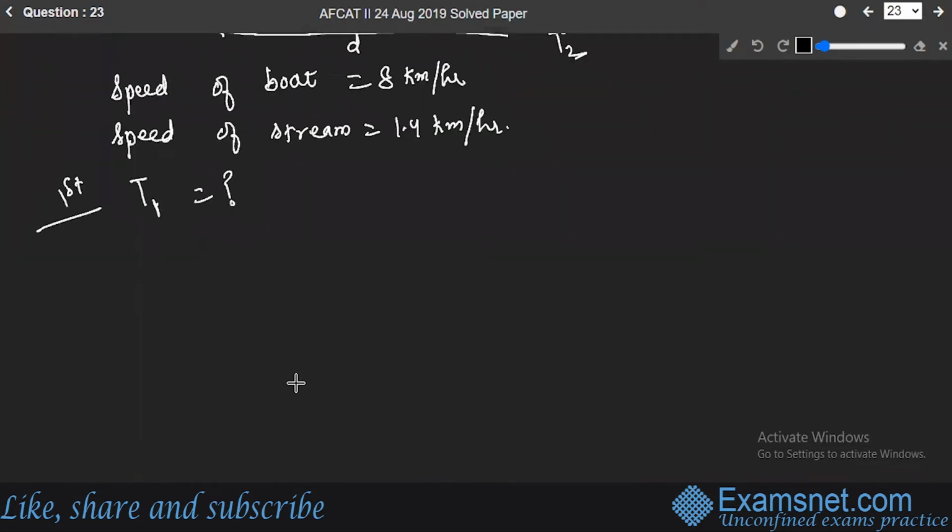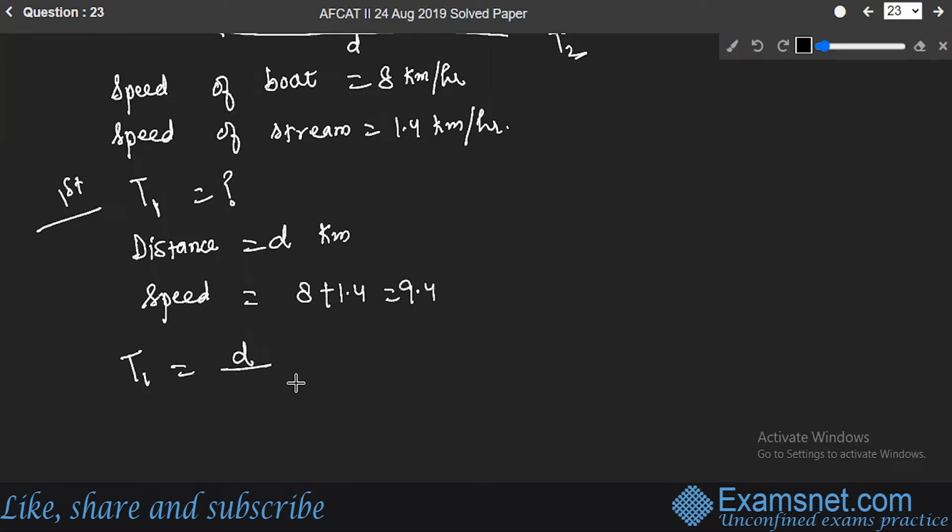The distance in the first case is d kilometers, and because it's moving along with the stream, the speeds will be added, right? It will be 8 plus 1.4. Correct. Now time will be d upon 8 plus 1.4, which is 9.4. Correct. So this is time 1.